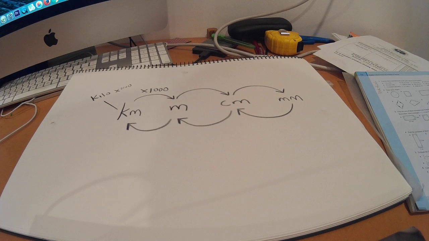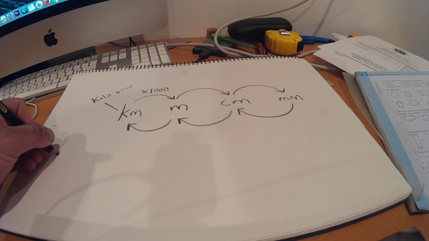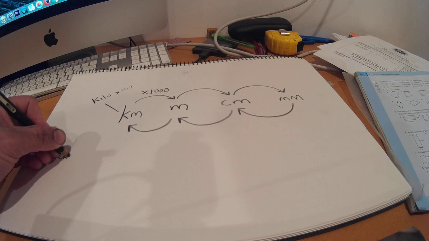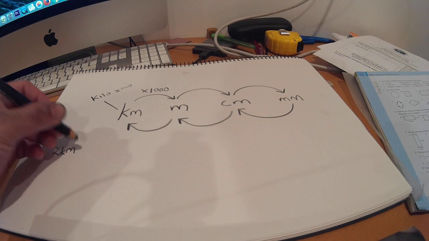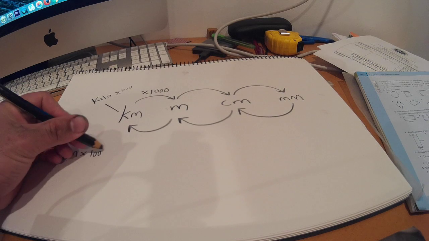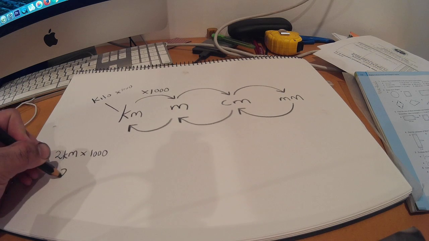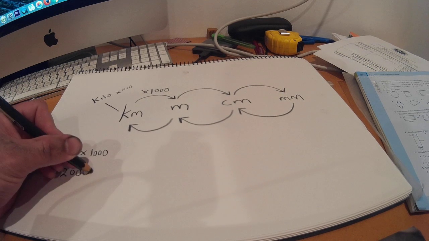So that will take us from our kilometers to our meters. So if I had 2 kilometers, for instance, and I wanted to convert it to meters, I would have to multiply by 1,000. 2 times 1,000 is going to give us our new measurement of 2,000 meters.